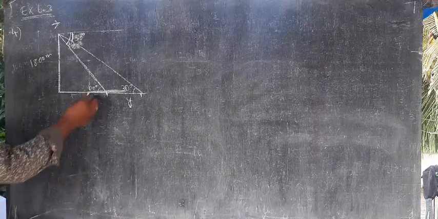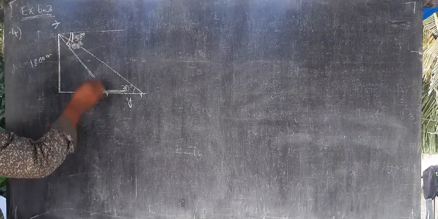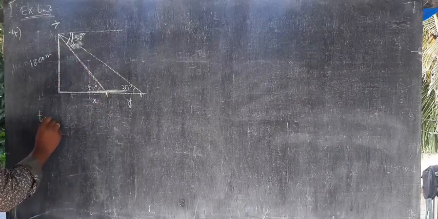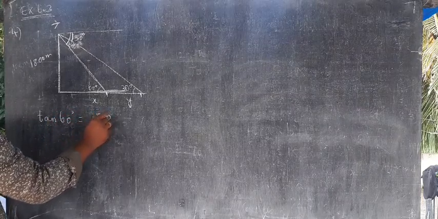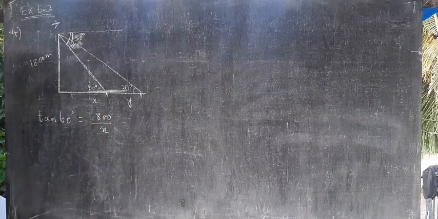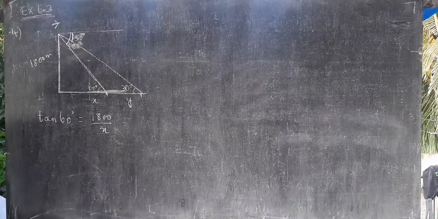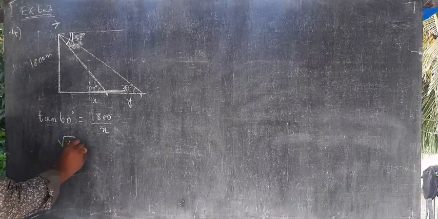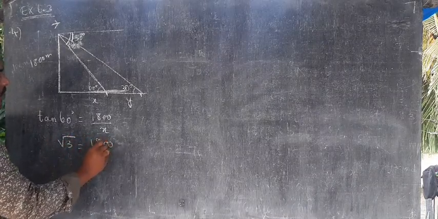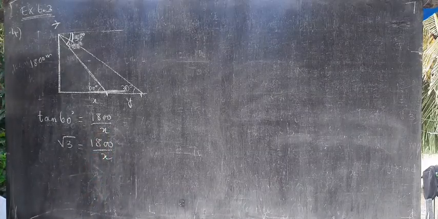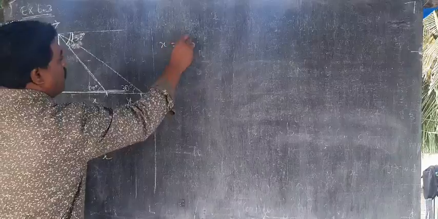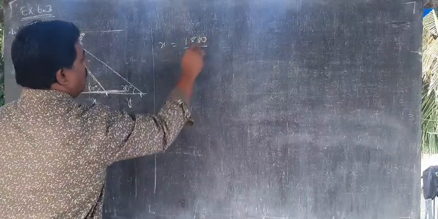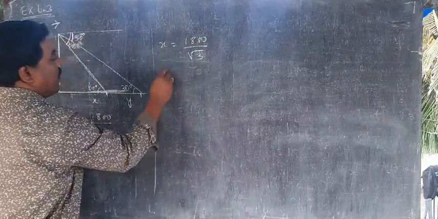So tan 60. We take the first, 60 degrees: tan 60 degrees equals 1800 by x. Tan 60 equals root 3, so root 3 equals 1800 by x. Now x equals 1800 by root 3.